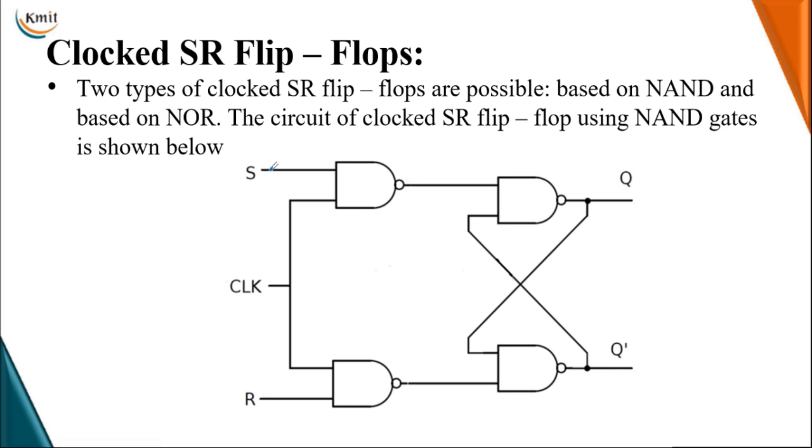Next, let me treat S input as 0 and R input as 1 along with clock equal to 1. Since S is 0, any input of 0 on a NAND gate gives you the output of logic 1. If all inputs are 1 on the second NAND gate, it will give you the output of 0. So immediately here your present state is 0 or 1, and your complement state is 1 or 0.